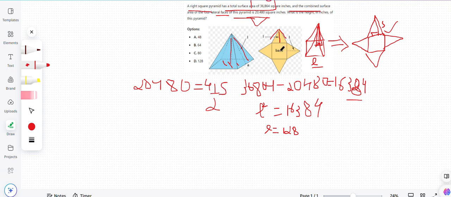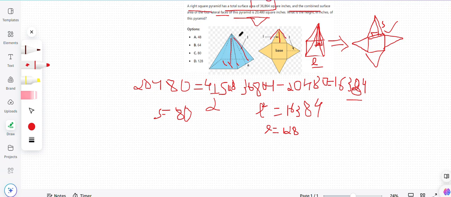And the base of the triangle is equal to L, which is 128. We just found it. So 128 times S. By solving for S, we get S equals 80, which means our slanted height equals 80.